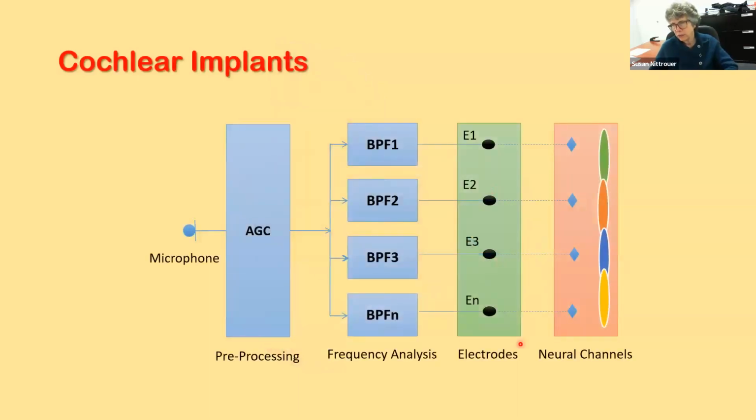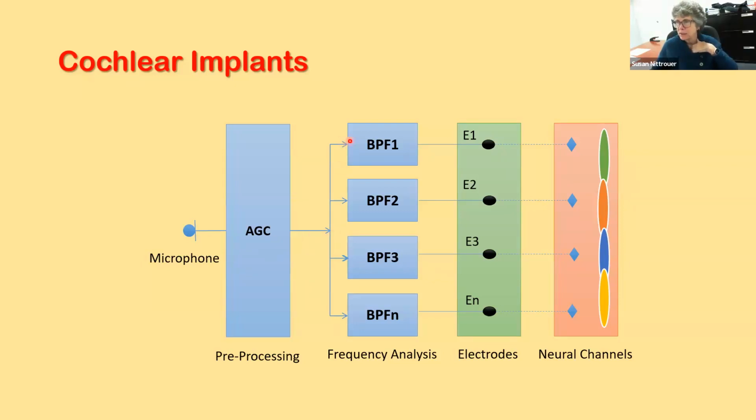Now, how does it work? Okay, well, the microphone sends the signal to that speech processor, and there's what's known as automatic gain control. So very soft sounds get a lot of gain. Sounds that are not so soft get a little bit of gain, so that the signal now is within a truncated amplitude range.